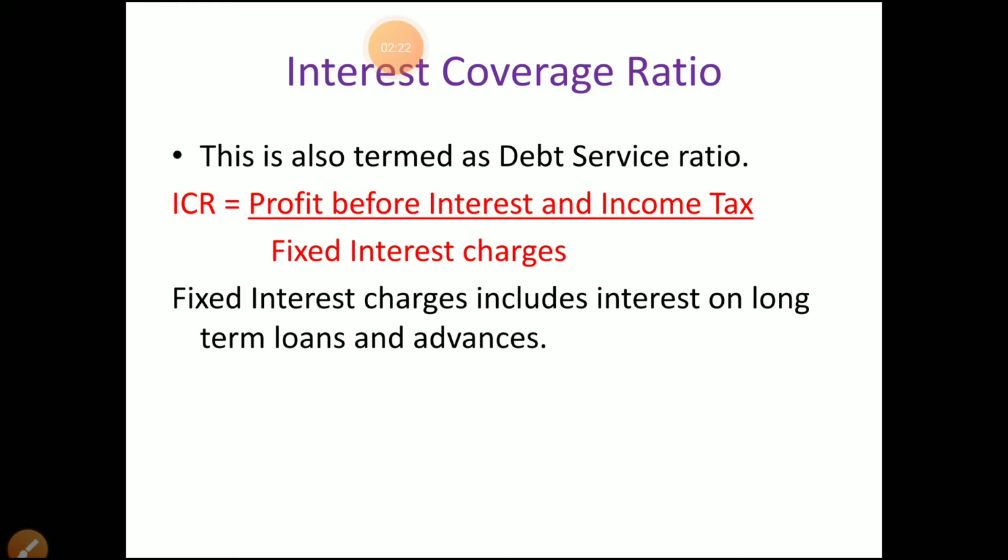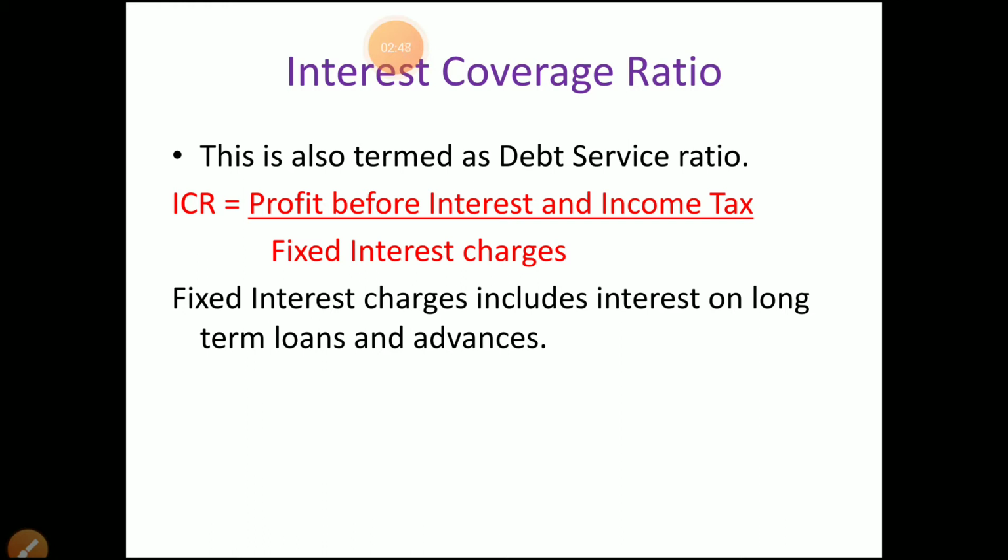Whatever profit is there in the business, usually what we do is calculate the profit, from that we pay interest, then from the remaining amount we have to pay tax. Suppose 100 rupees is the profit and 20 rupees interest, then 100 minus 20, so 80 is the remaining profit.